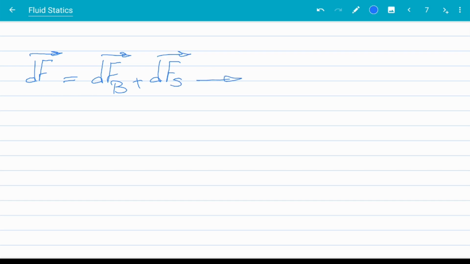So let's plug in the expressions for body force and surface force into this equation and see what we get. dF is negative pressure gradient plus rho g, times dx dy dz.